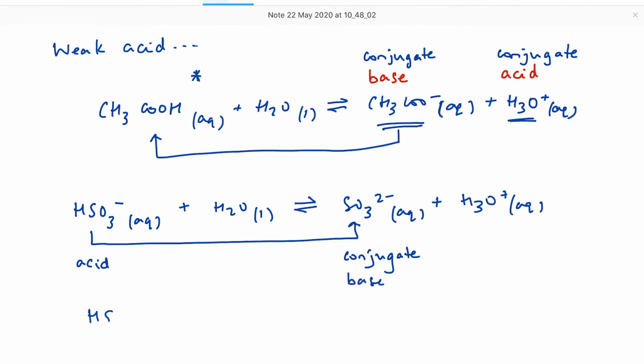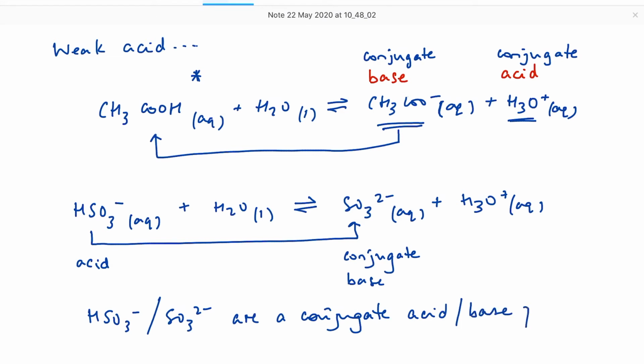We can say that HSO3- and SO3 2- are a conjugate acid-base pair. Similarly, if we take water, water is behaving as a base because during the course of this reaction it accepts a proton from the acid.